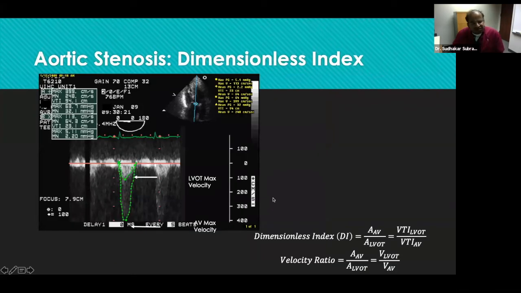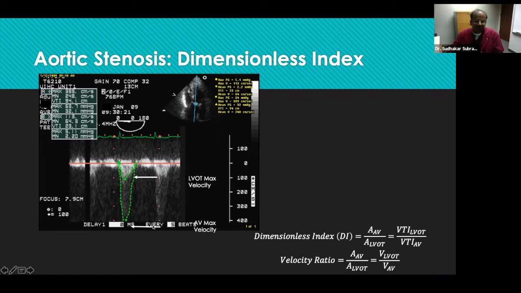And the final thing which you would like to do in some situations where you think arrhythmia is contributing significantly, then you are going to see a lot of variation in the Doppler profile. You may have a strong beat or a weak beat. In those situations, one of the parameters which you would like to use is called the dimensionless index. It's basically the ratio of the LVOT to the aortic valve, either the VTI or the peak velocity.